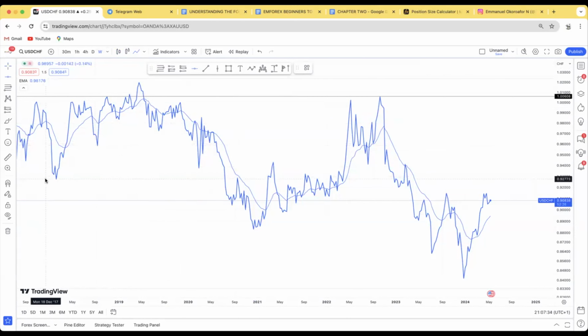I just identify those key levels. This is how I identify my key zones. What I'm interested in is multiple touches, and so on and so forth.